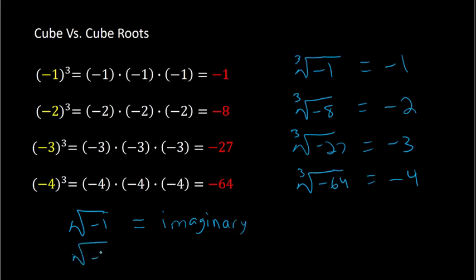So the square root of negative 16 is imaginary as well because of the negative inside. Now notice that it's different than with a cube root. With a cube root of a negative number, we do have an actual number answer back out, because when you cube a negative number, you get a negative answer. Whereas if you square a negative number, you can never get a negative answer back out.